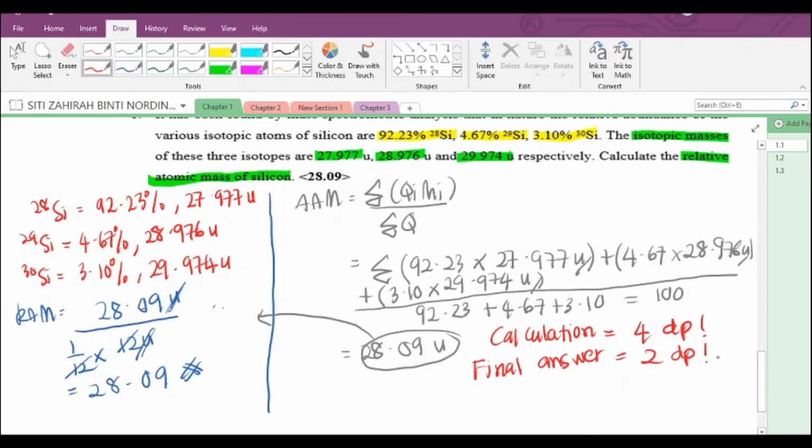There's no compromise in this. So what if I write this final answer as 29 only? You've got the final answer wrong. So that's totally useless. Remember, the final answer must be in 2 decimal places and the calculation must be in 4 decimal places.